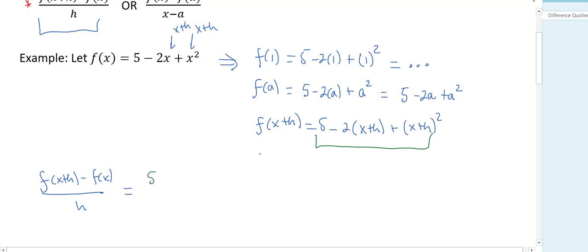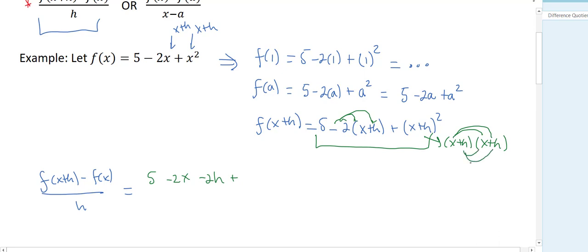So it'll be 5, distribute the negative 2, so minus 2x minus 2h, plus x plus h quantity squared. Remember, this means you have x plus h times itself. So don't just say x squared plus h squared. You have middle terms in there. You have to do x times x, x times h, h times x, and h times h.